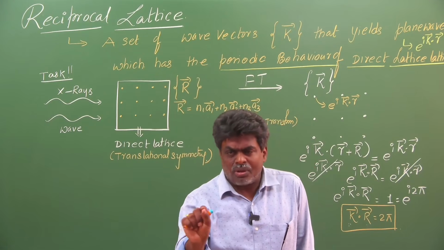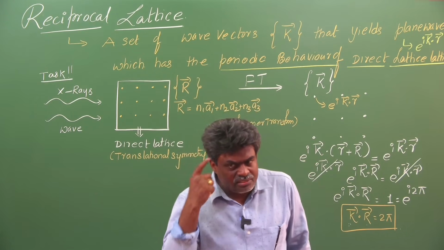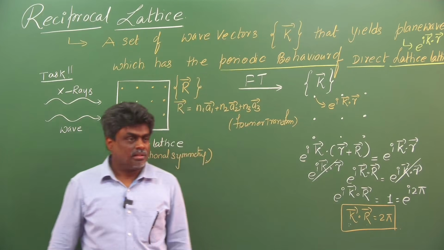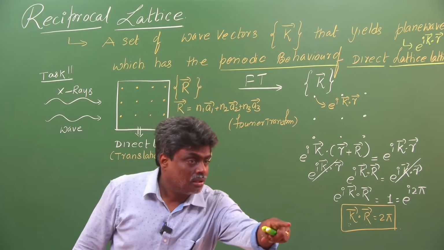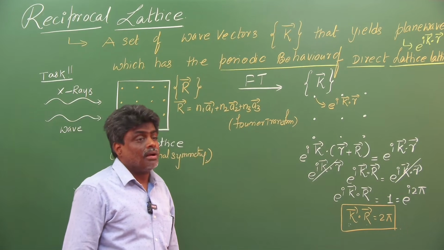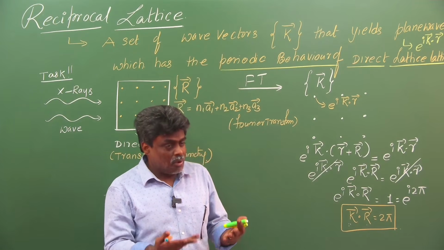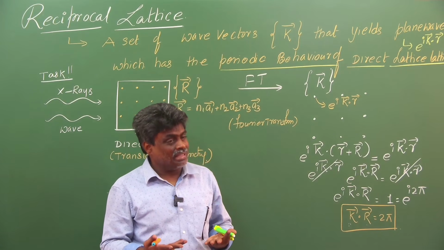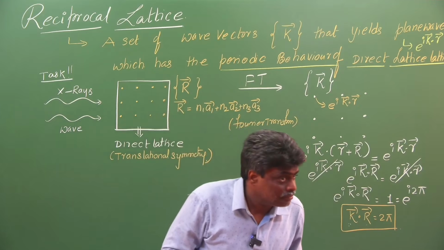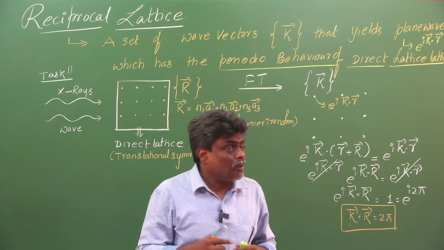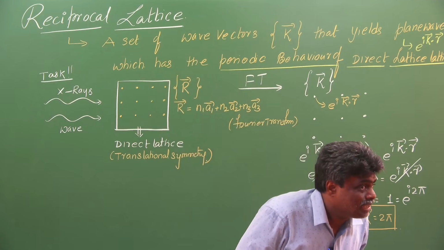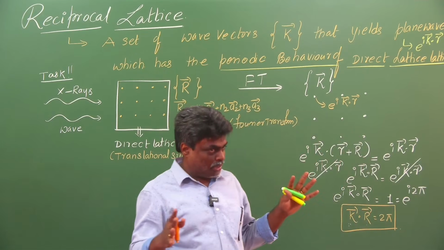Okay, one condition I said is wave nature. Any other? Think. Say properly. Stand and say properly. All properties of the material. We won't get all properties of the material.